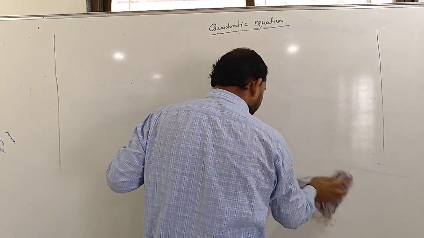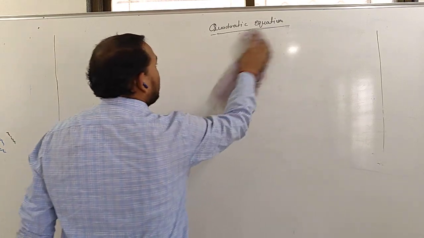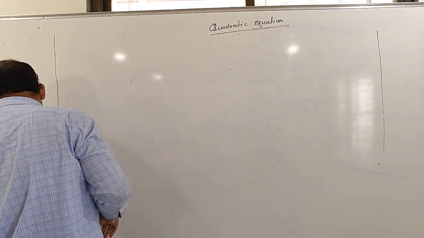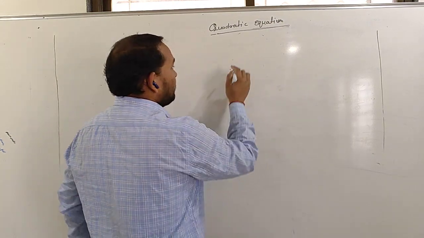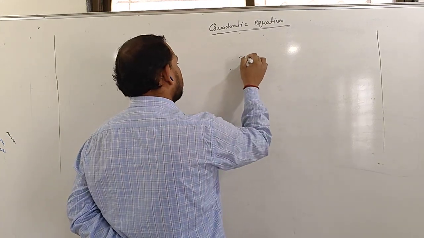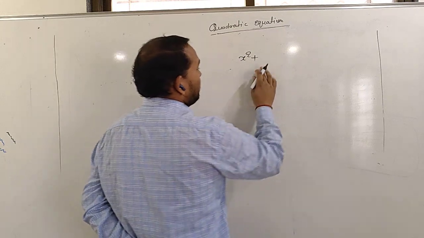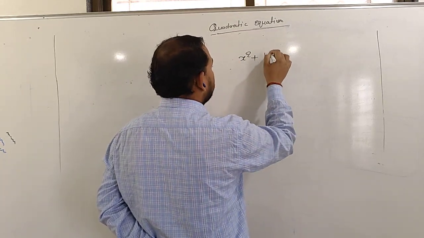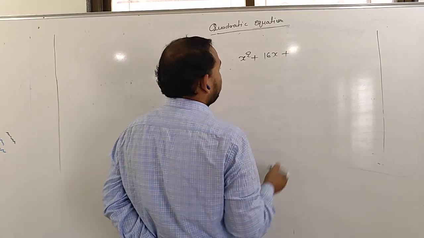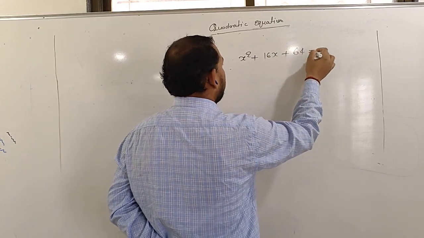Nature means, when a quadratic equation is given, you have to find its nature. Suppose let's take an example: x square plus 16x plus 64 equal to 0.